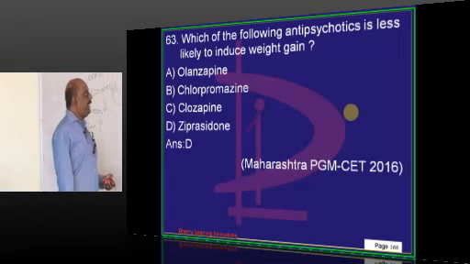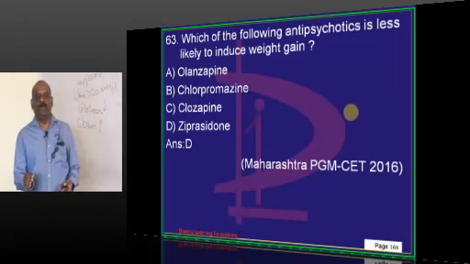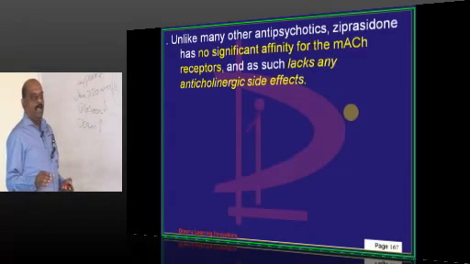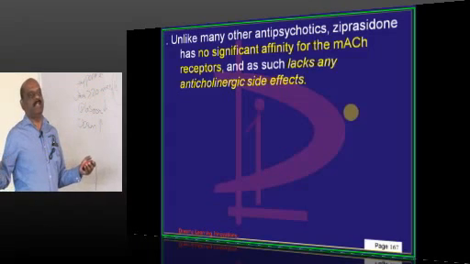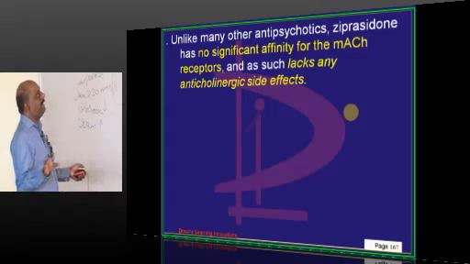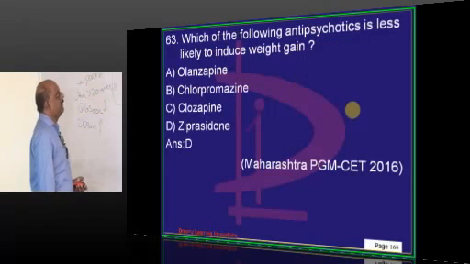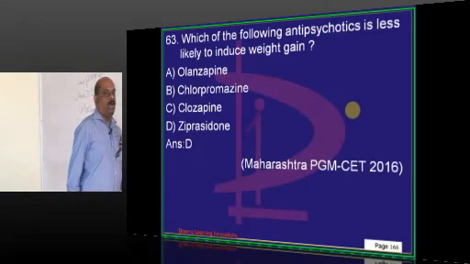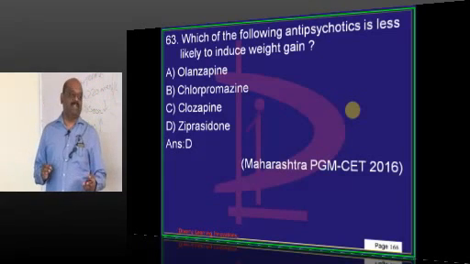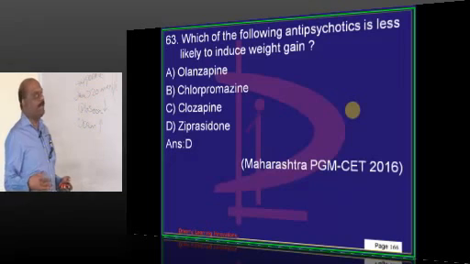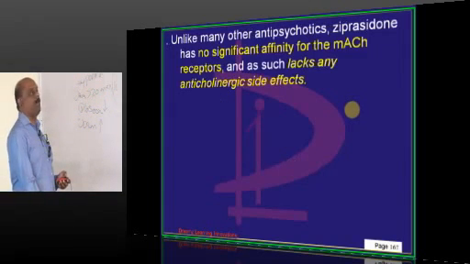What is the speciality of ziprasidone? Ziprasidone is free from all the anticholinergic side effects which are there with the other antipsychotics, which is one of the great advantages. Also, weight gain is not a feature, which is a feature of others, olanzapine, clozapine, etc., but not ziprasidone is what you need to remember.